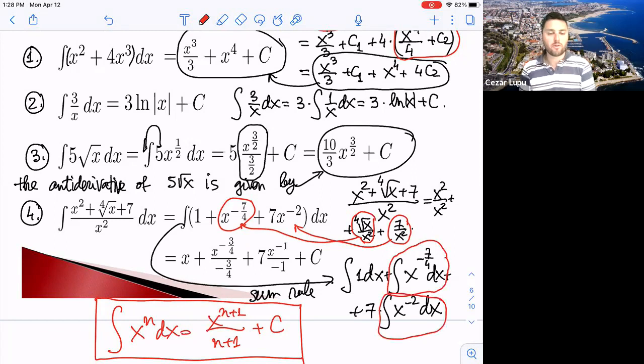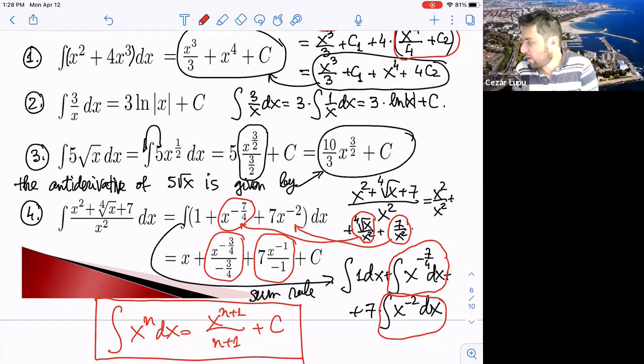For the first integral, n is negative 7/4, and for the second integral, n is negative 2. And then, of course, you're going to end up with this. So the integral of 1 dx, whose derivative will give you 1? Well, x. There you go. Then the second one is this one here. And then the third one, also with the constant 7, will be here. So all that mess combined will give you the antiderivative of the rational function inside, right?